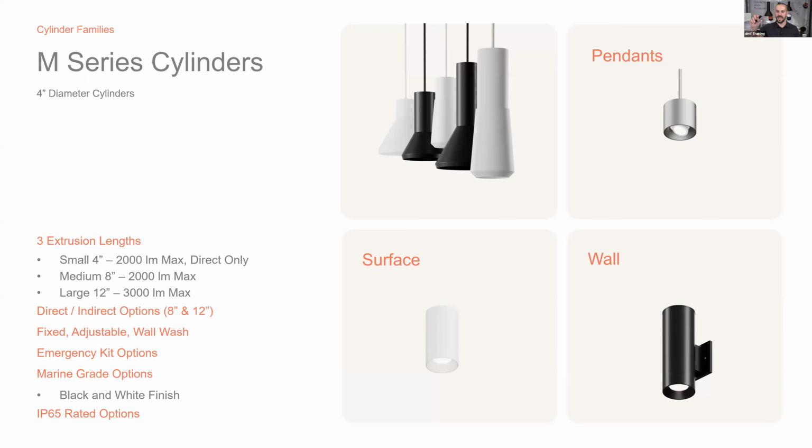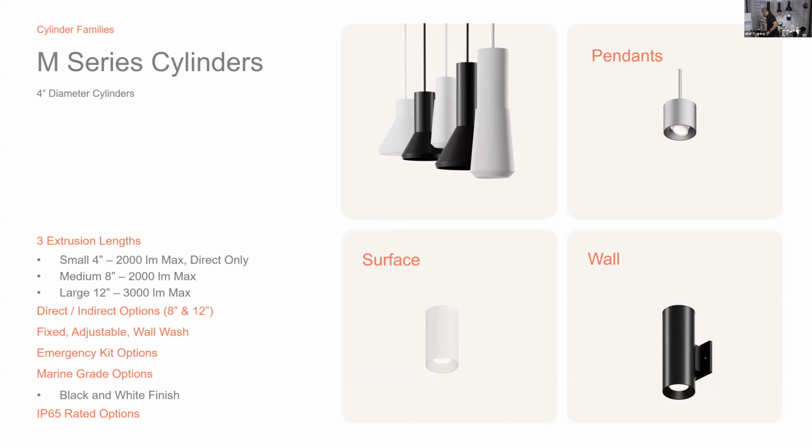So we have the pendant, surface, and wall mount are each 4, 8, and 12 inches there on the screen. The 4 and 8-inch will accommodate up to 2,000 lumens. The larger 12-inch size will accommodate up to 3,000 lumens. For all of those, that's a combined lumen output. So it's going to give you top and bottom or direct, indirect. That total lumen output can be up to 3,000 lumens.